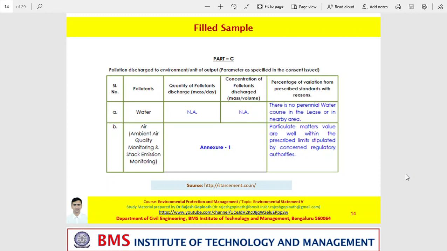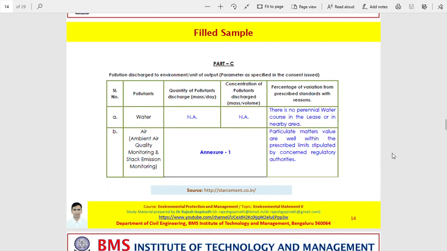Now, in the context of air quality, the information has been listed under Annexure 1, which I shall be sharing with you in the further slides. Not only has this slide indicated the pollution aspects, but if you look at the last column, they have stressed the percentage deviation from the prescribed standards.